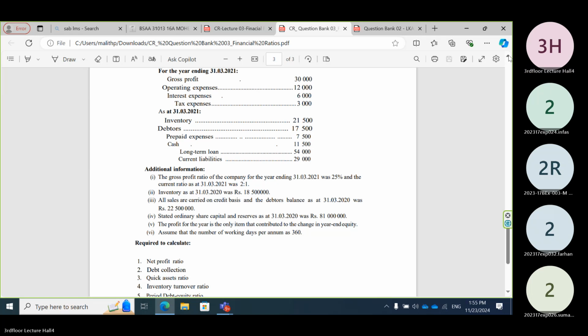Operating profit is 15%. How are we getting that? You deduct operating expense from the gross margin, divided by sales. You are getting 15%.